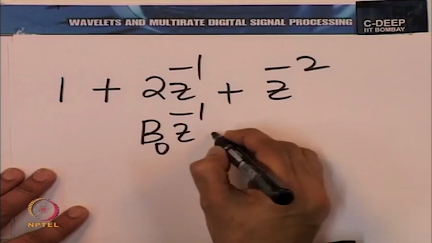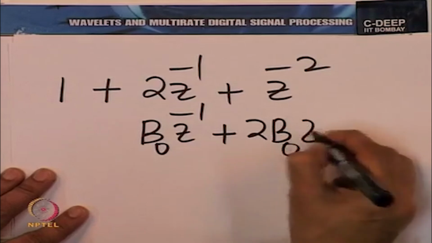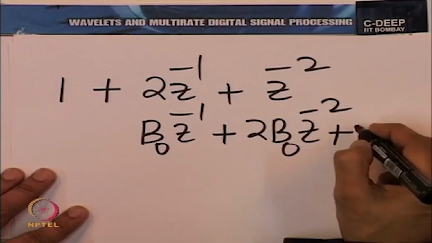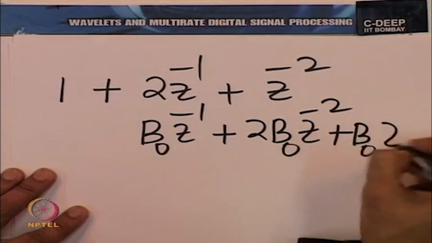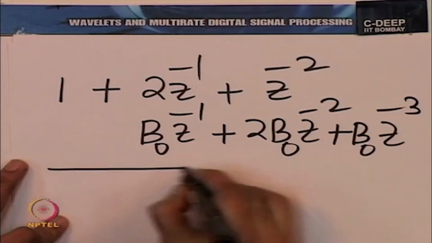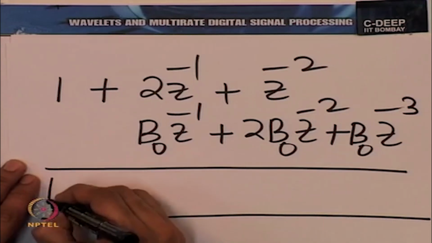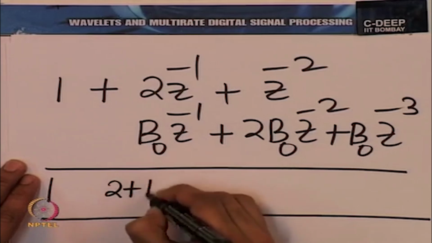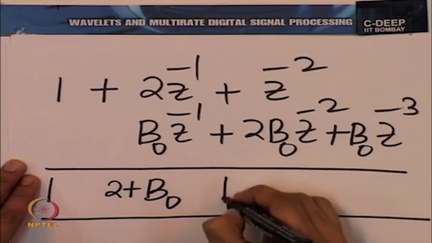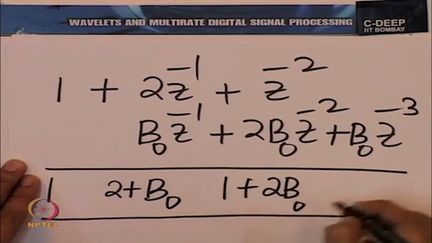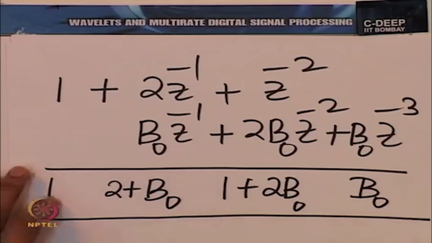So, B 0 z inverse plus 2 B 0 z raised to the power minus 2 plus B 0 z raised to the power minus 3. So, in a sense we have the following impulse response for the filter: 1, 2 plus B 0, 1 plus 2 B 0 and B 0 here. This is the impulse response. Now, we have set up the low pass filter for the second member in the Daubechies family.